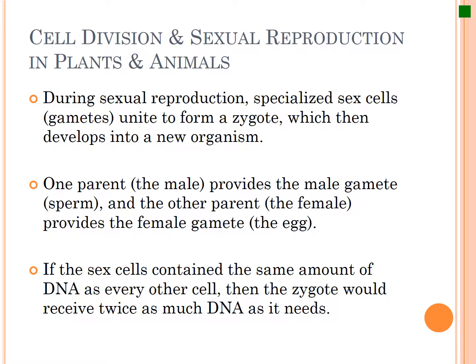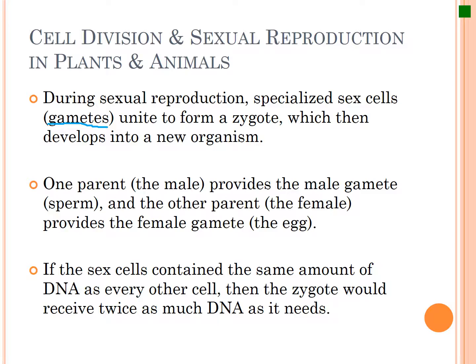If the sex cells contained the same amount of DNA as every other cell, then the zygote would receive twice as much DNA as it needs. We don't want that. If gametes had a diploid number of chromosomes, then the offspring would have twice as much DNA as it needs.